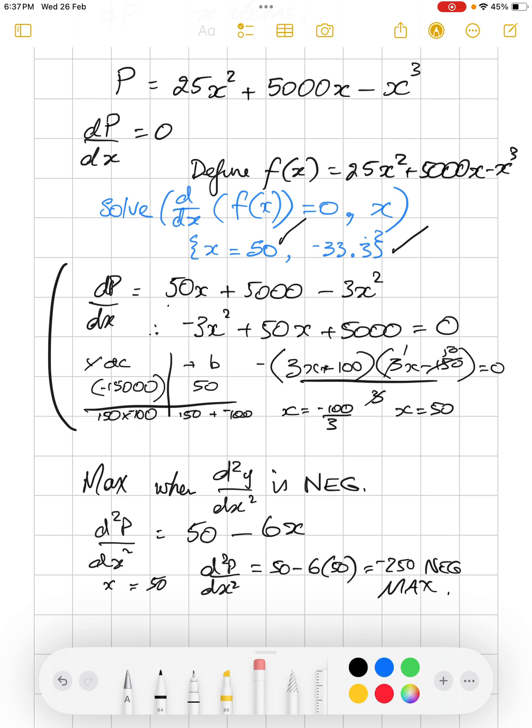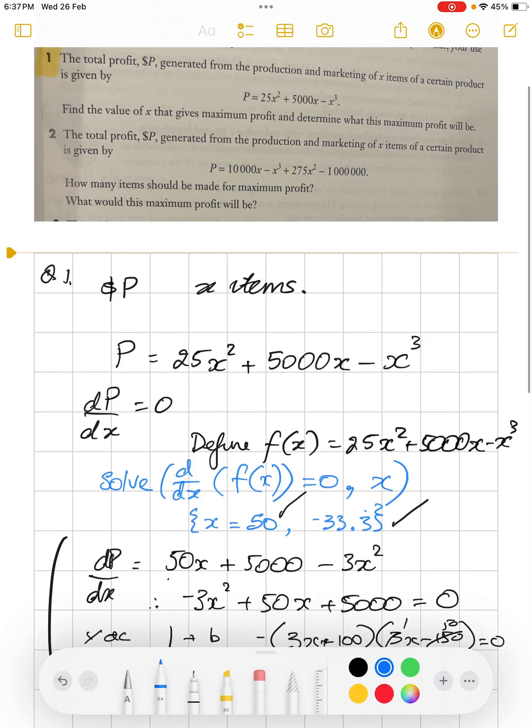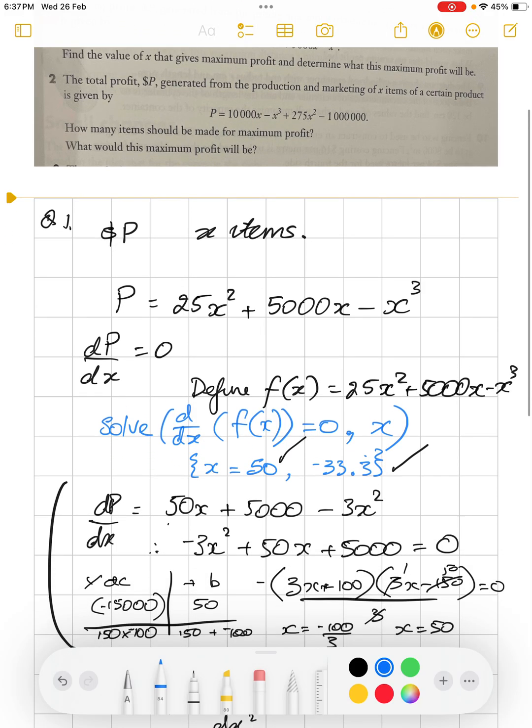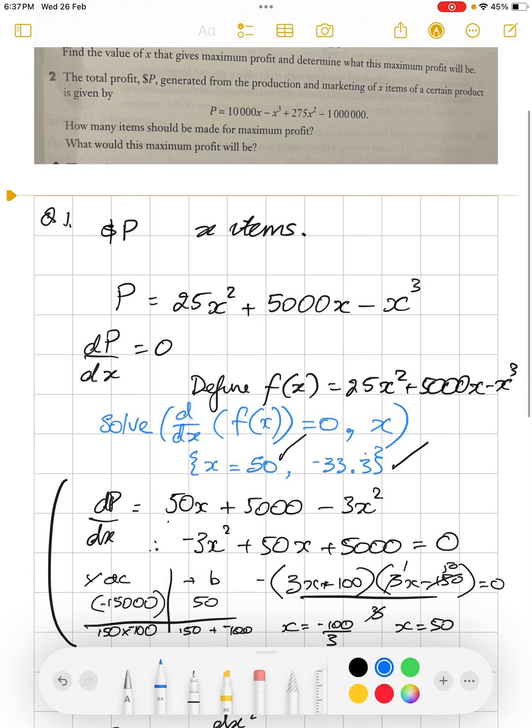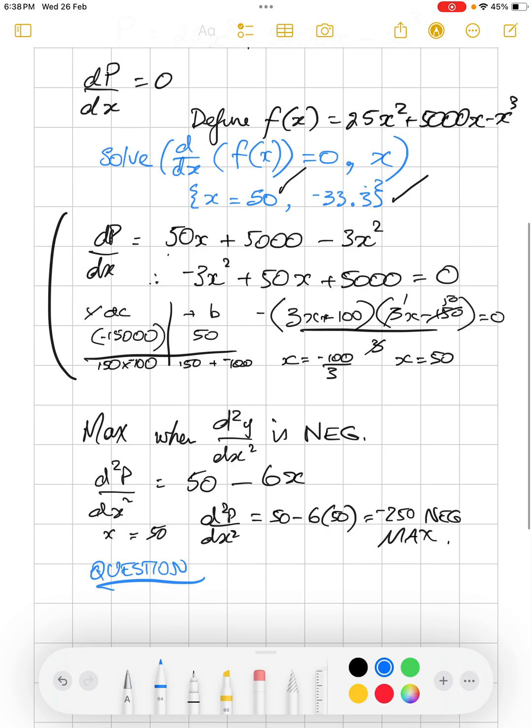And finally, we answer the question. The question was, find the value of x that gives the maximum profit and determine what this maximum profit will be. So we've already got the value of x when x equals 50. That's part one. And what is the maximum profit?